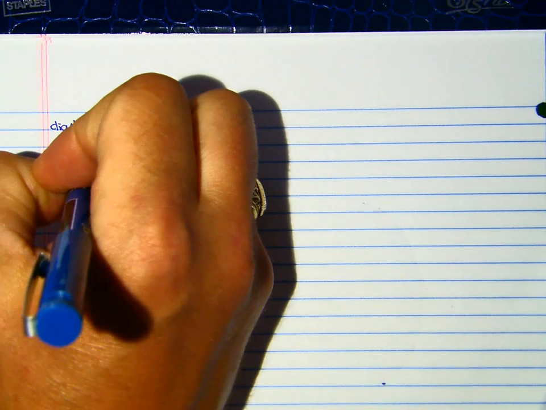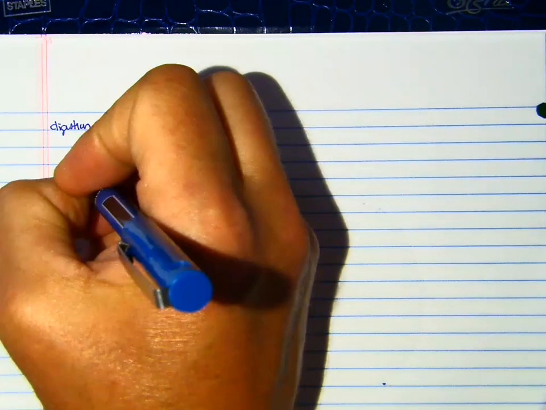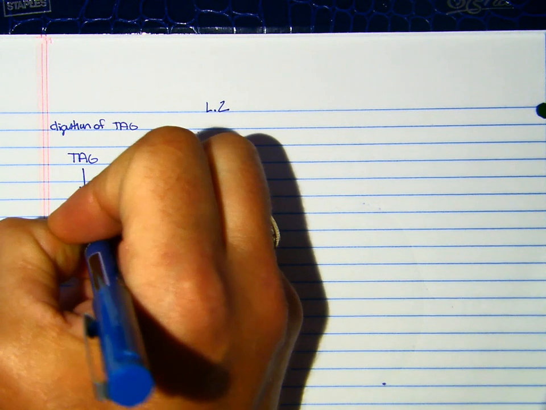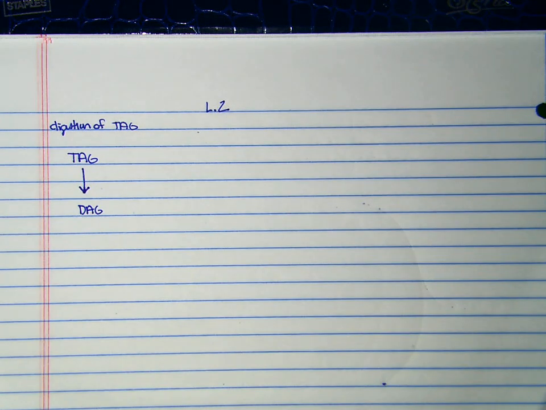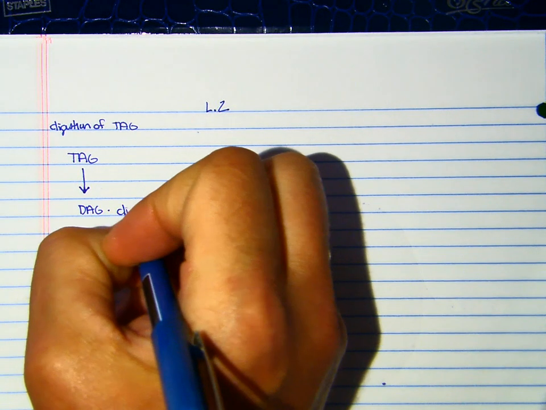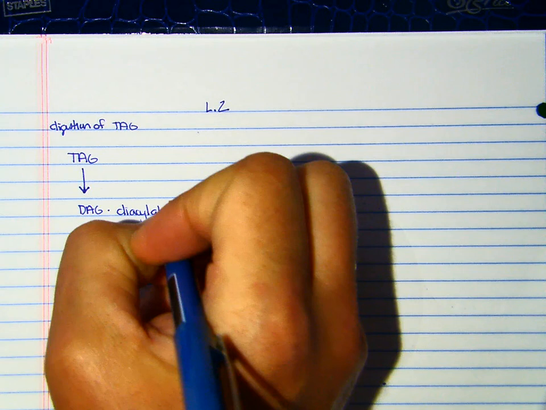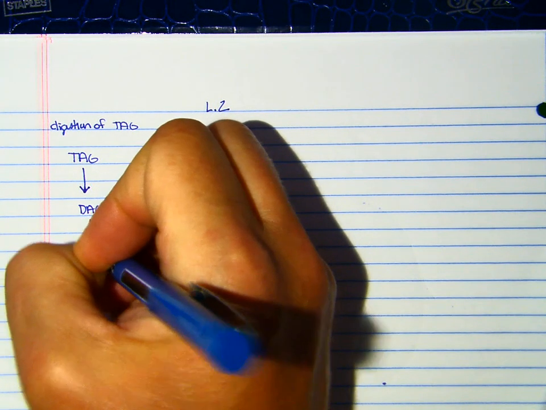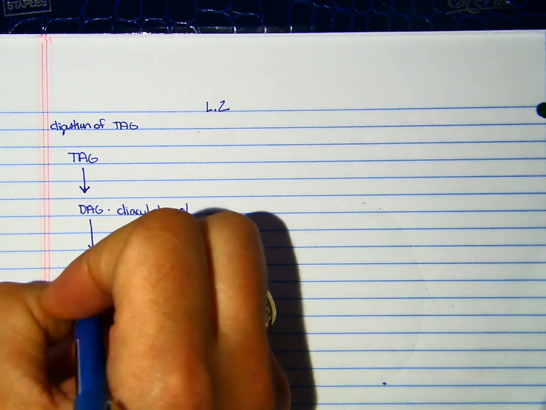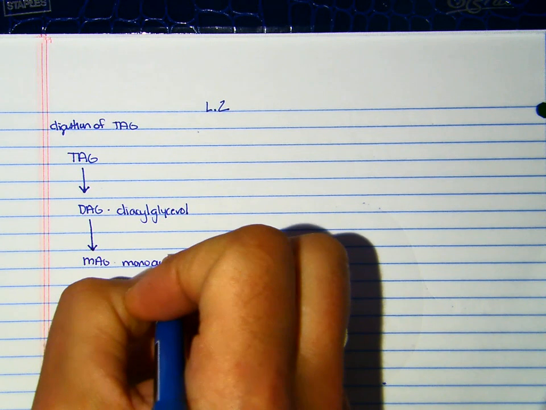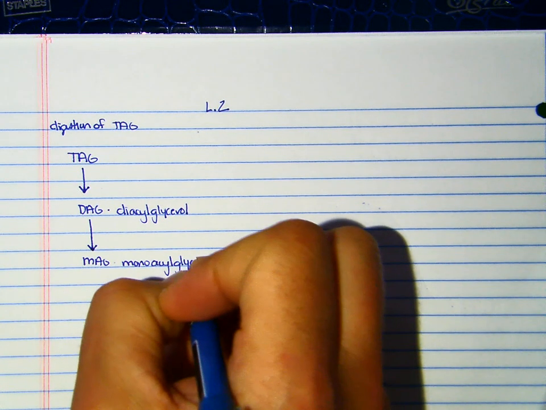So we're going to take TAG, and basically what's going to happen to the TAG is it is going to become DAG, and we'll talk about that in a minute, but DAG is basically diacylglycerol, so there's going to be two fatty acids attached to it. And then from DAG, we're going to break it down further to MAG, which is monoacylglycerol.